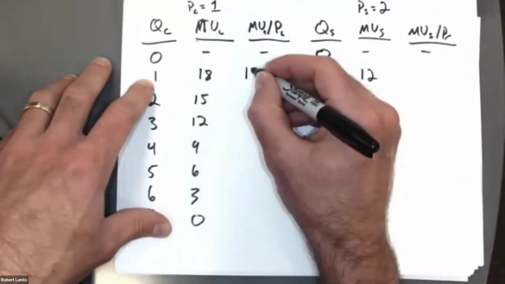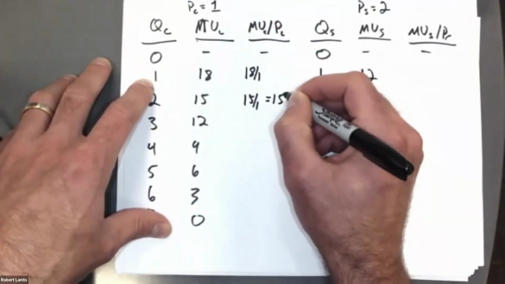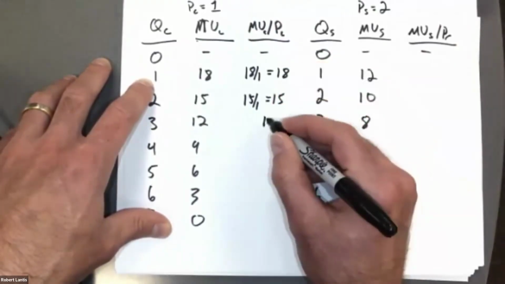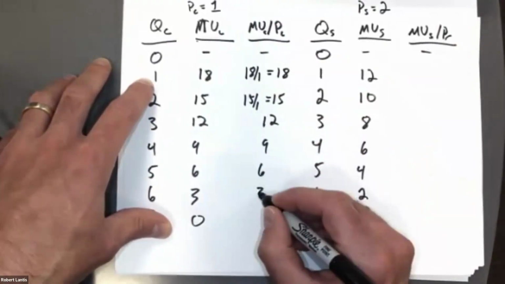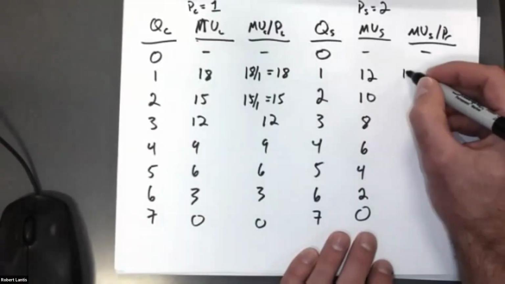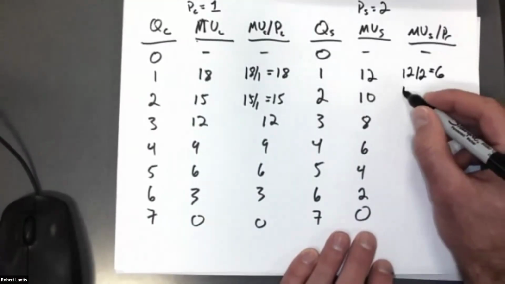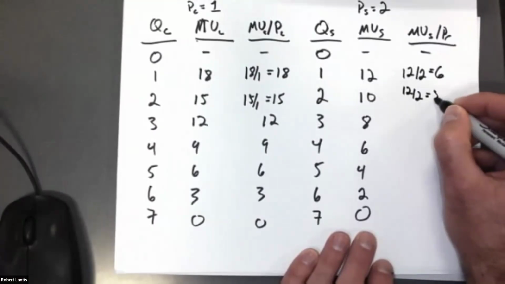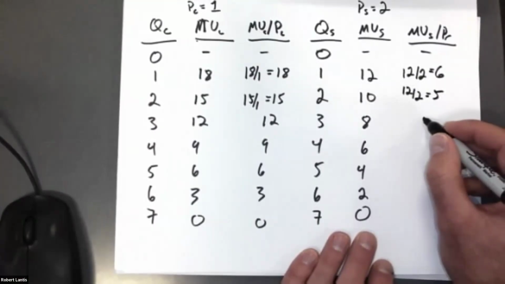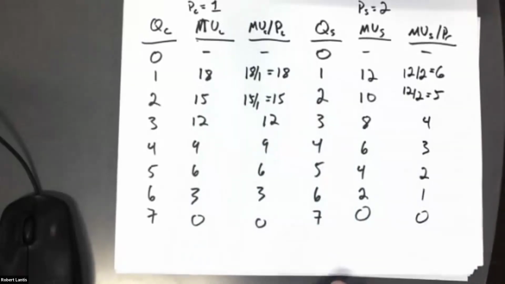If the price is 1, every marginal utility divided by 1 would simply be itself. All right, so we can kind of build this column out pretty quick. Over here, what's the marginal utility per dollar for soda? Well, there I'm dividing it by the price of 2. So everything gets divided by 2 over here. My marginal utility per dollar over here, I could also calculate.